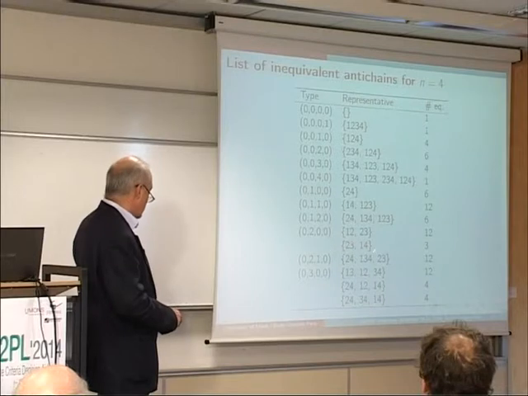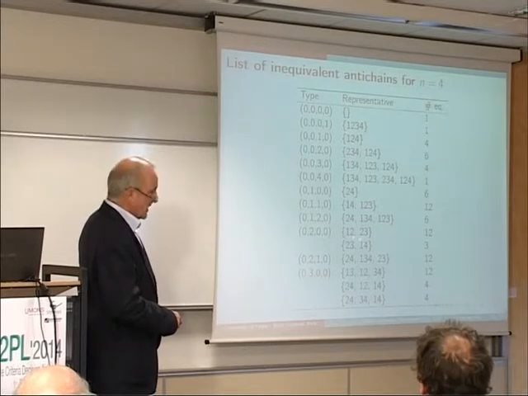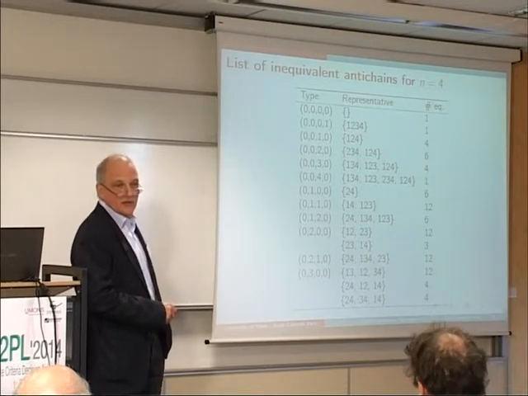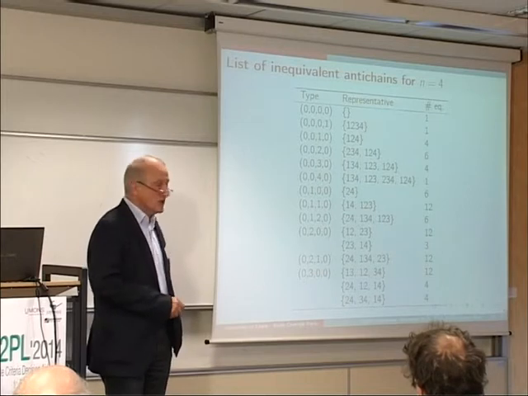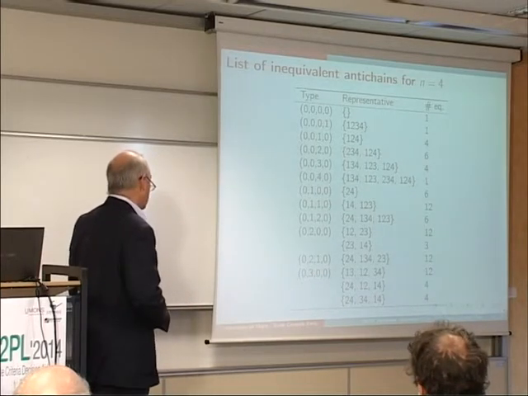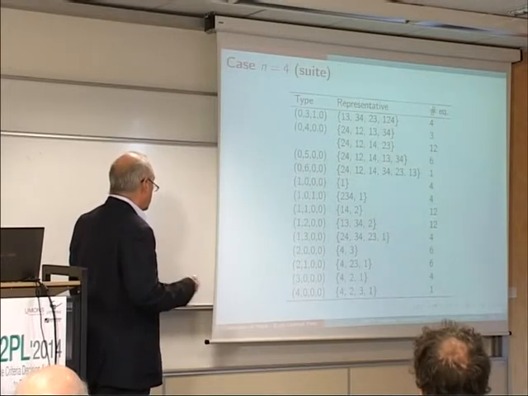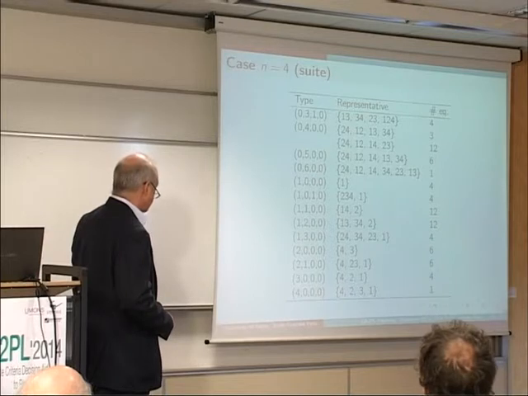Disjoint pairs are here. You have 3 copies of this. And you also have pairs which have an intersection, and there are 12 such anti-chains. Okay, so here is the complete list.